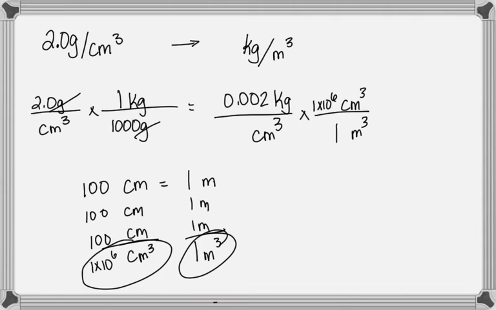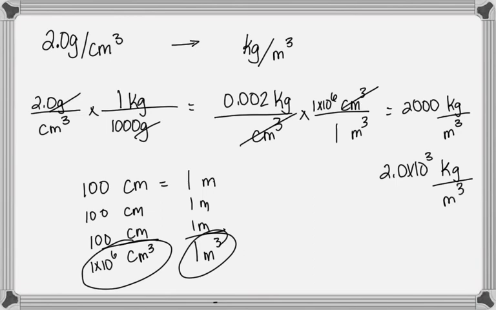So now I'm going to have to take this number, this 0.002, and multiply it by 1 million, and I'll get 2,000 kilograms per cubic meter, or if that needs scientific notation, I'll get 2.0 times 10 to the third kilograms per cubic meter. Hope that helps on that conversion.